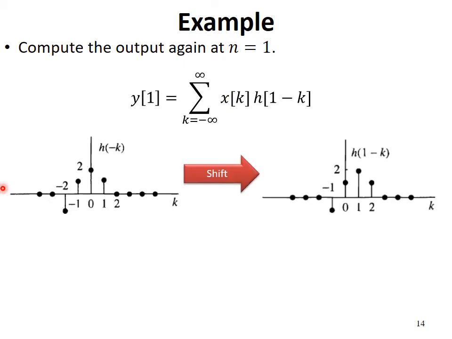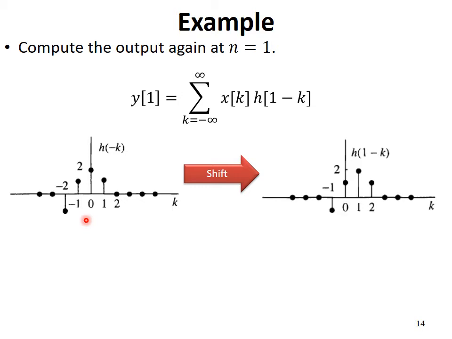So first, the folded h of k would be shifted by 1 unit to the right. So now the sample which is at 1 in h of minus k would now be at 2, the sample which is at 0 would be at 1 in h of 1 minus k, the sample which is at minus 1 would be at 0, and the one at minus 2 would be at minus 1. So each sample is basically shifted to the right by 1 unit, delayed by 1 unit, right?